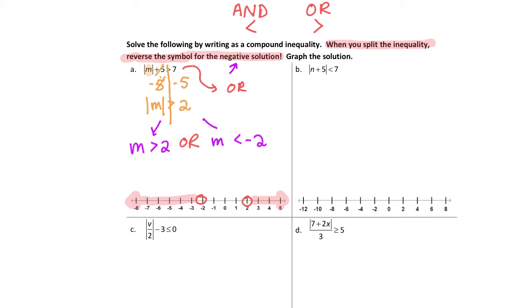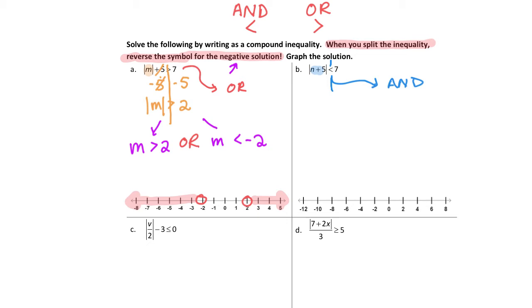All right, so for the next one, let's just decide right now whether this is going to be an and or an or. We can see this is a less than, so this is going to end up being an and compound inequality. Let's go ahead and solve this one. I can see right here, here's my absolute value. If I draw a line down it, there's nothing around on the outside of the absolute value.